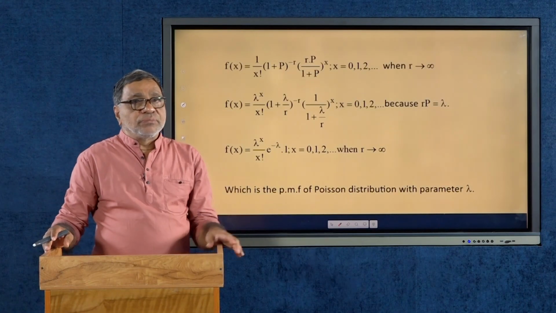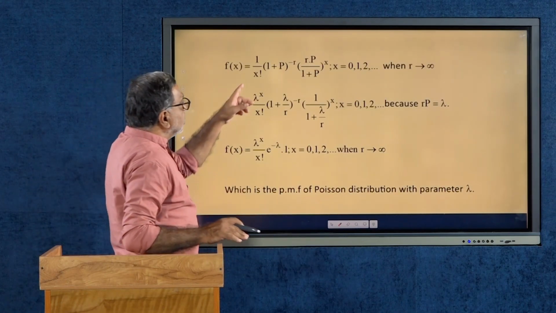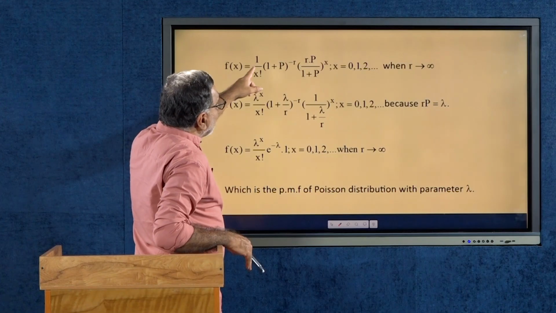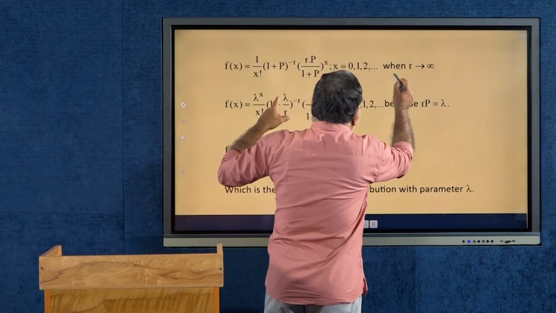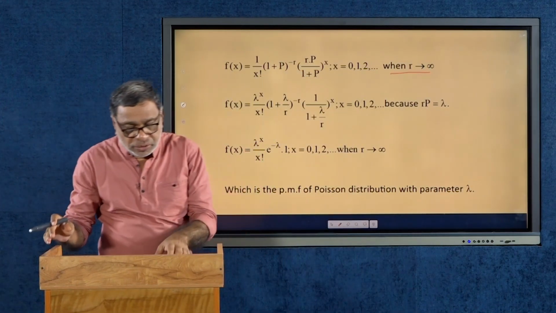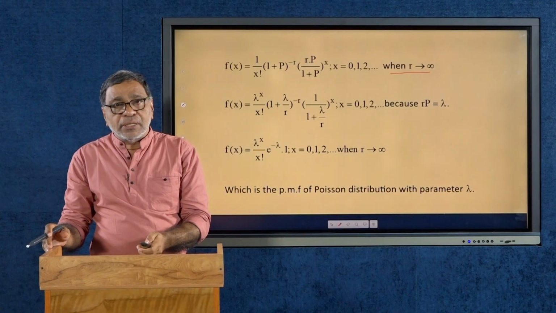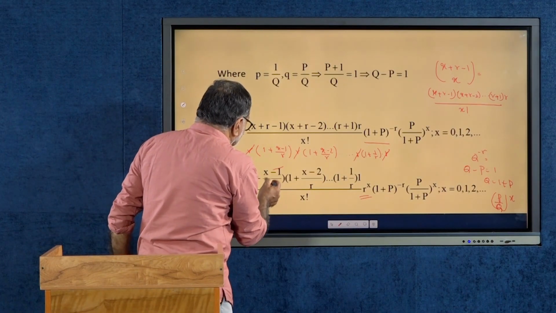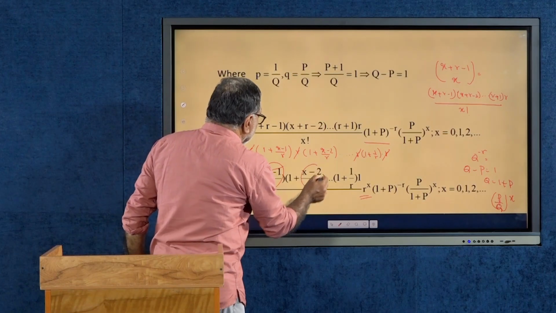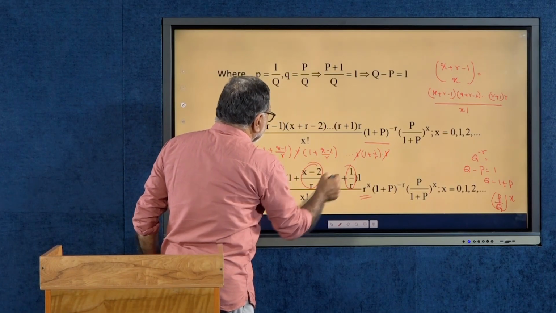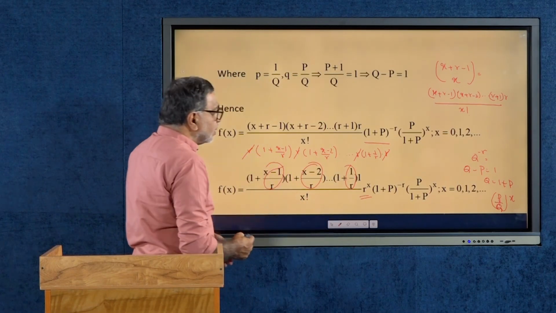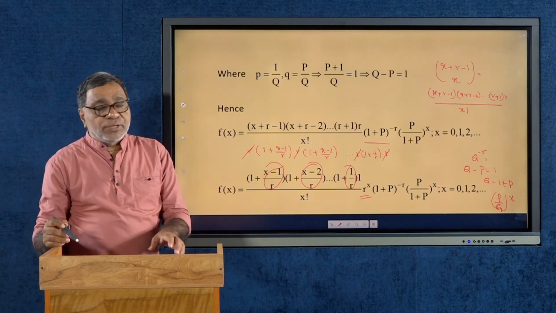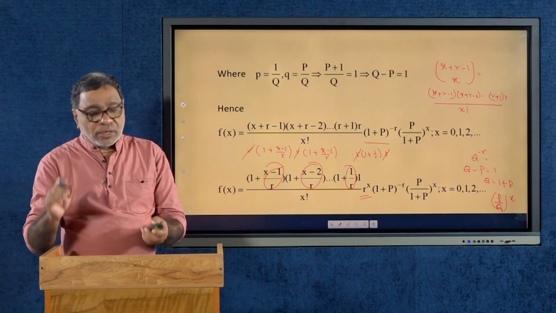Now you look, f of x, when r tends to infinity, suppose we are applying the condition r tends to infinity. So, when r tends to infinity, these terms become 0, all factors are 0, all are 1s. So, when r tends to infinity, that expression becomes 1.